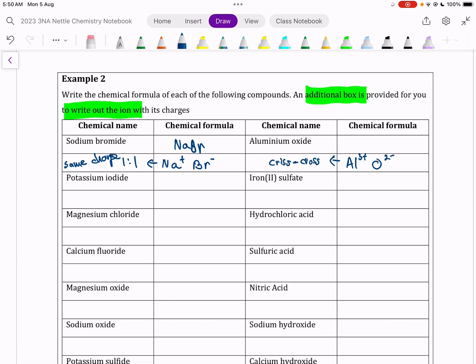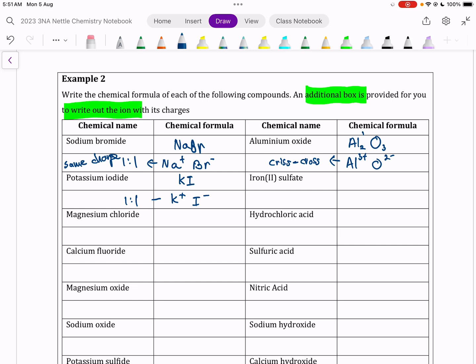So you write down Al and O, the 2 comes here, the 3 comes here. That's why you do a crisscross. Then next you have potassium and I, so it's K plus and I minus. In this case you do 1 to 1, so it's KI.